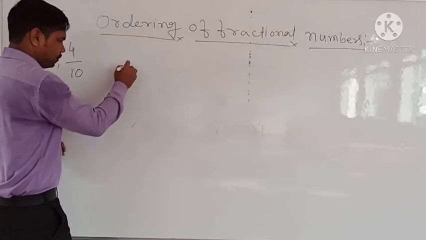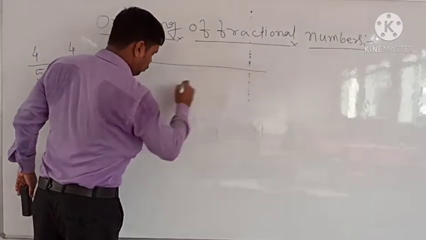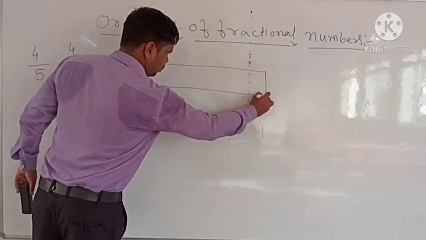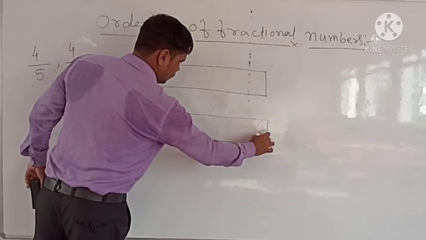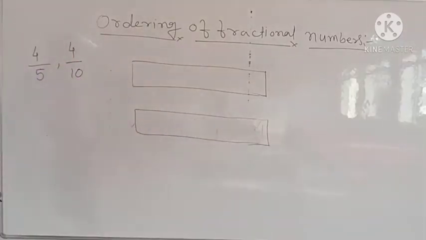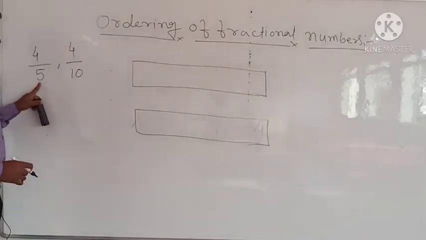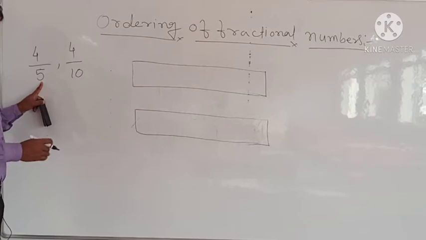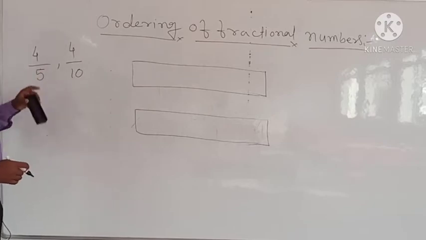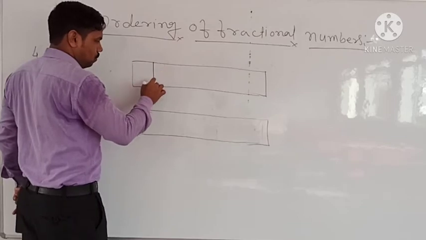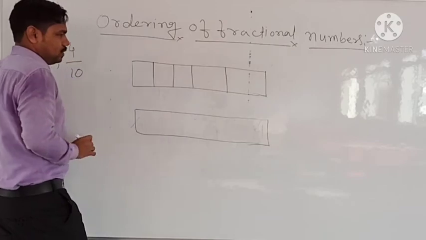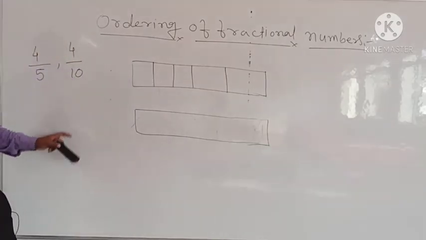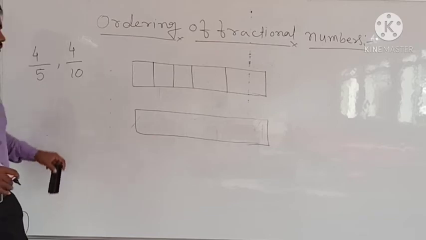So suppose here there are 2 figures. One this and another this. So first thing is here, 5 total parts, I am dividing this into 5 and out of 5, I will shade 4. So 1, 2, 3, 4, 5. So now I have divided that into 5 parts and I will shade 4 out of it.